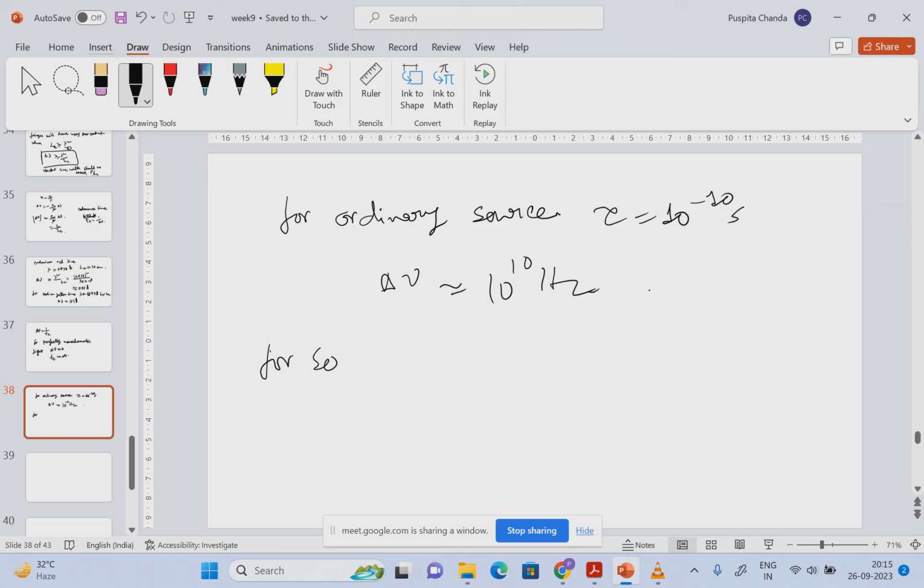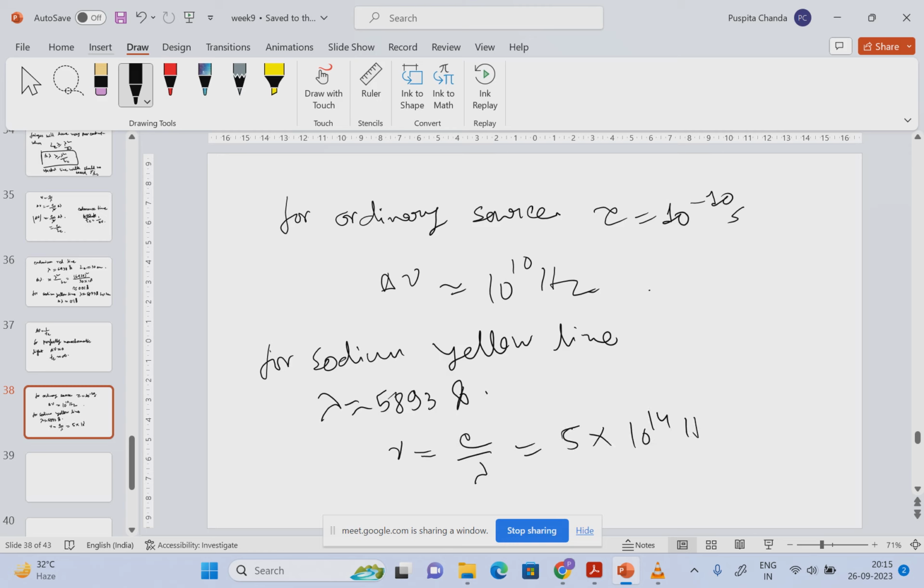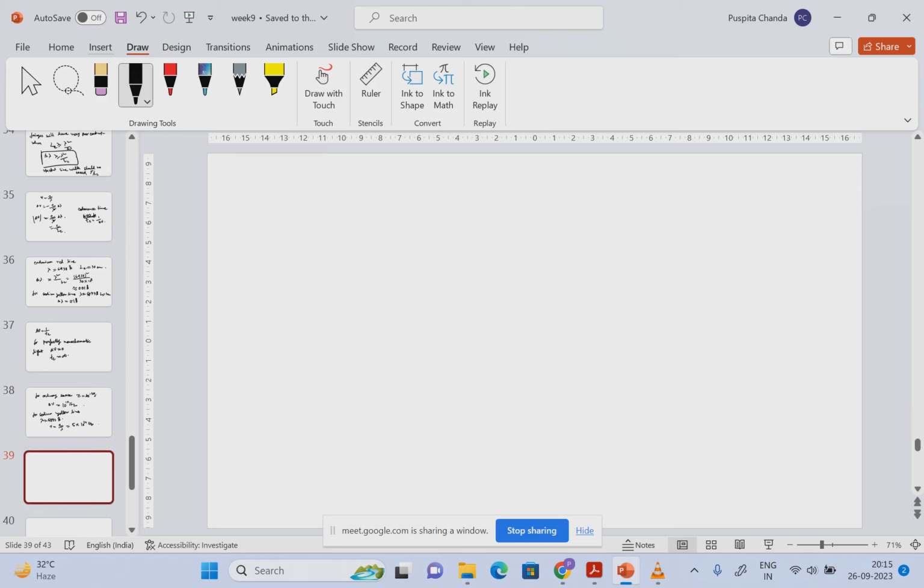For the sodium yellow line, lambda is 5893 angstrom. So nu is equal to C by lambda, which is 5 into 10 to the power 14 hertz. So delta nu by nu is 10 to the power 10 hertz by 5 into 10 to the power 14 hertz, which is equal to 2 into 10 to the power minus 5.